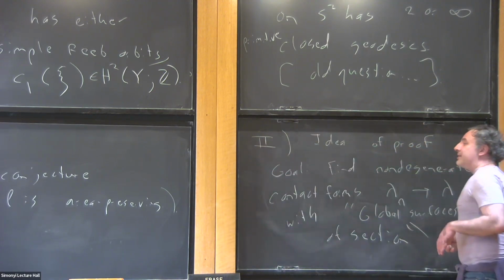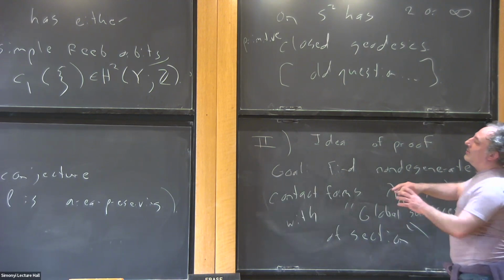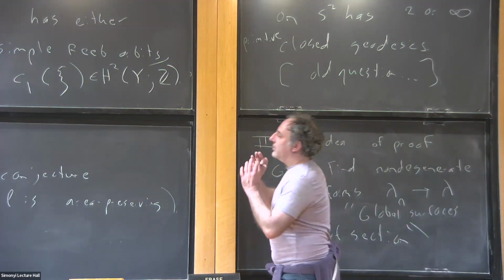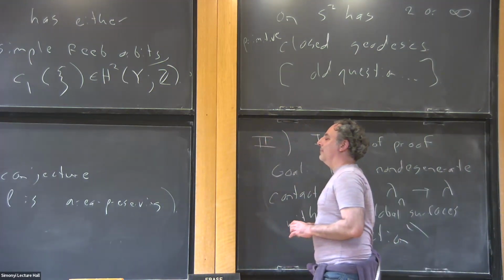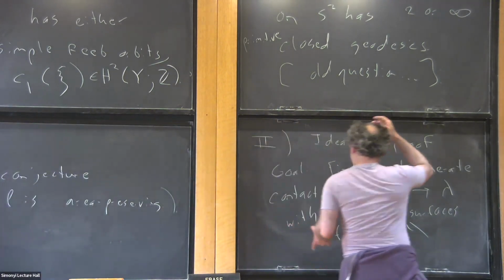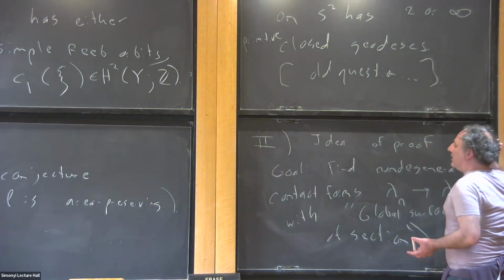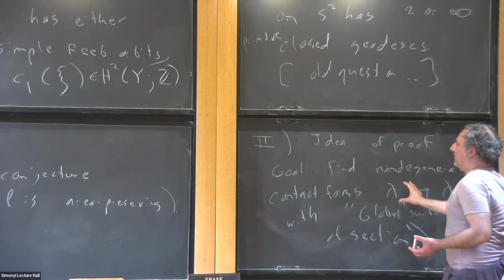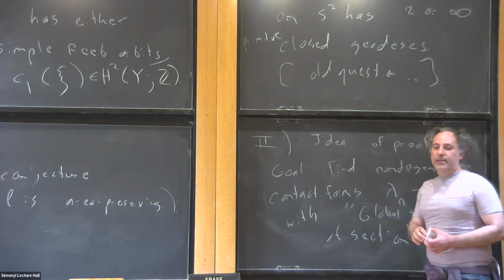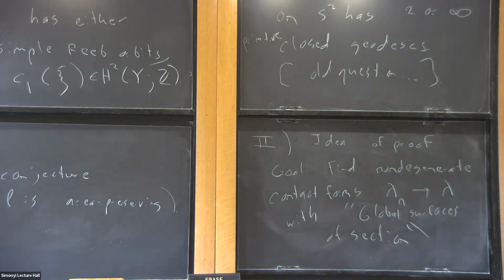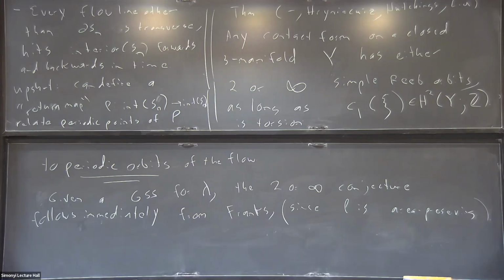They use a quite similar argument where first they look at non-degenerate convex domains, they find a global surface of section, and then they show that one can pass to the limit. The main challenge here is that they're really using convexity in a heavy way in their proof. We certainly have nothing like that we can appeal to. So, any further questions?